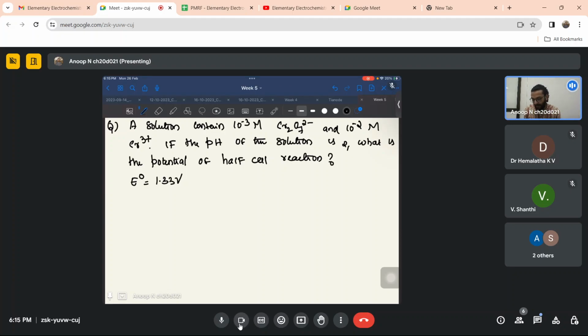Given E0 is equal to 1.33 volt. So can you try to solve this one?